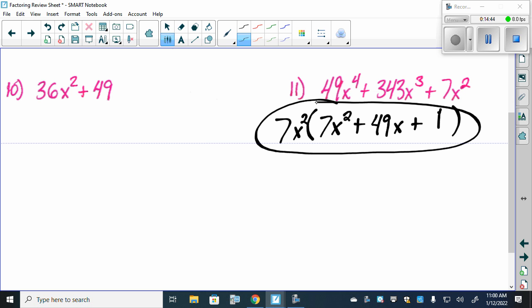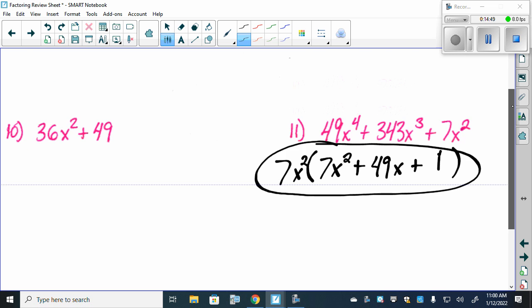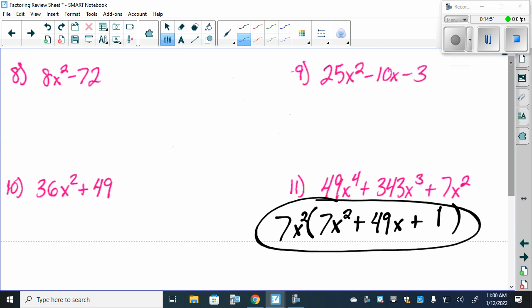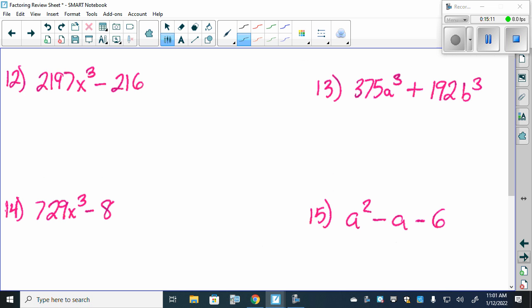Any questions on this one here? Any other questions on 8 through 11? Or one that y'all want to look at? You feel good with these here? All right. Questions on 12 through 15. Questions on any of these here, or one of these that y'all want to see worked?